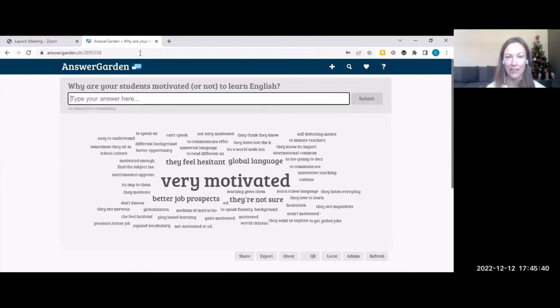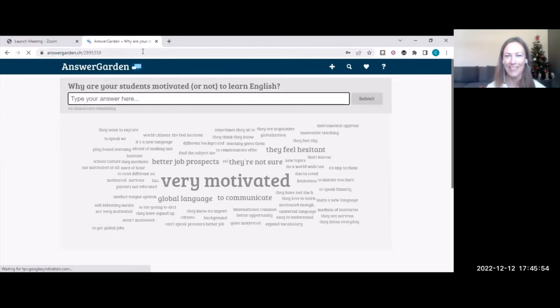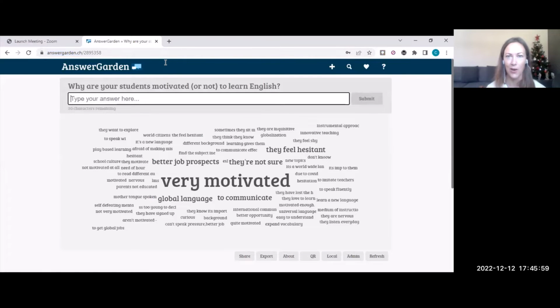So global language and better job prospects. So there are the motivators. And then some hesitation, they're not sure, they feel hesitant. Okay, and Shalu has put in the comments here, test takers are very motivated, right? So there's something quite clear to aim for, isn't there, sometimes if there's an important test coming up. All right, thank you for sharing that.